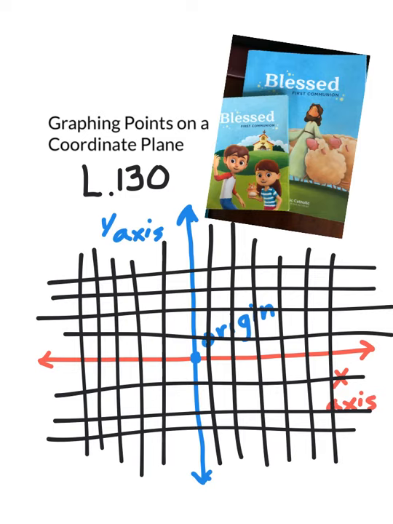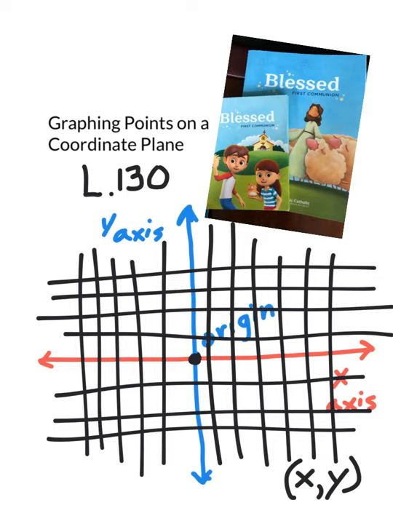So remember, when our lines cross each other like this, we always start at our origin, and we always count our spaces going to the right or to the left first. That's called our x-coordinate. I'm going to put that down here in the corner. And then we count our spaces going up or down on our coordinate plane, and that's called our y-coordinate.